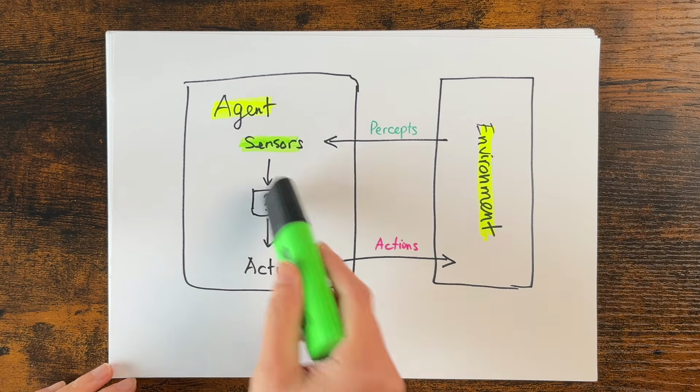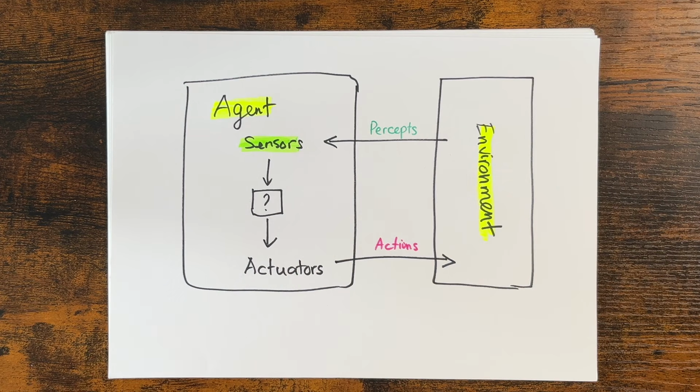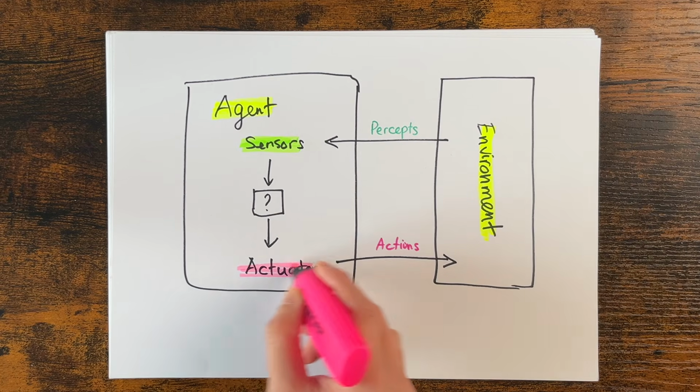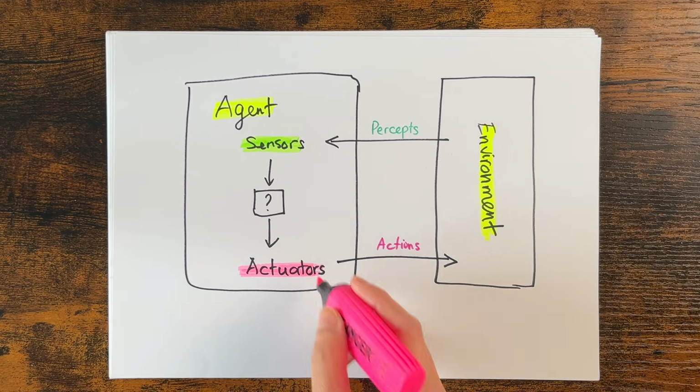Then the agent does something with the input it receives from the environment. For example, using an LLM like GPT-4 or Claude Sonnet, or even an open source model to reason about the task and, based on that, take relevant actions and affect its environment through actuators.